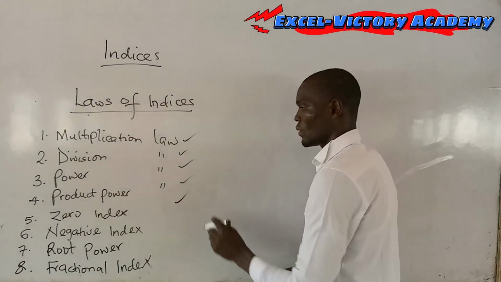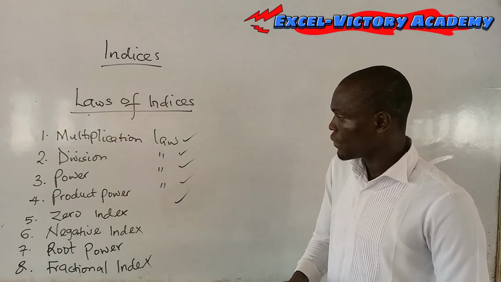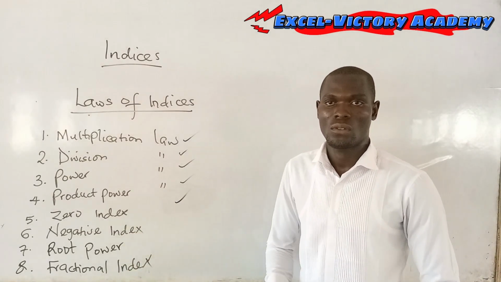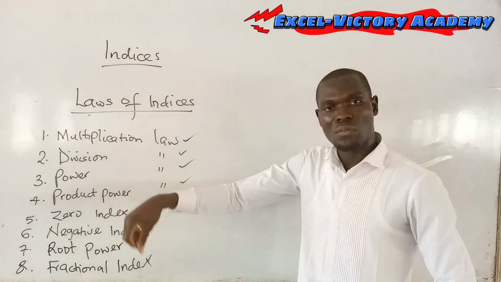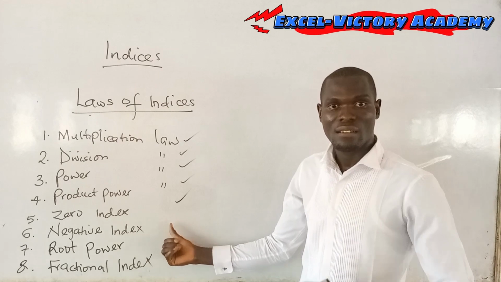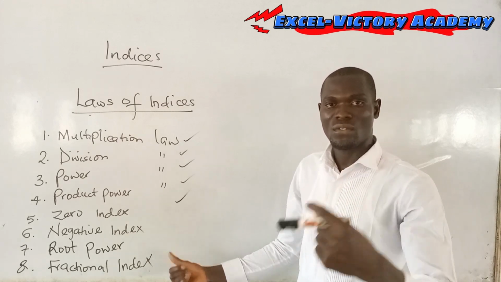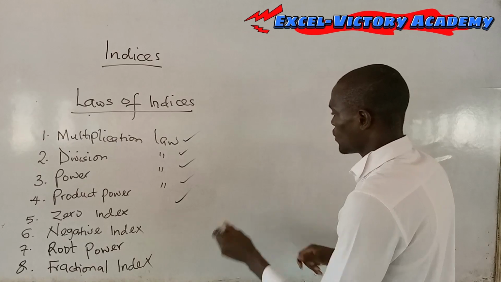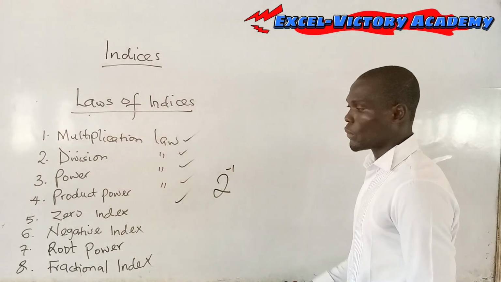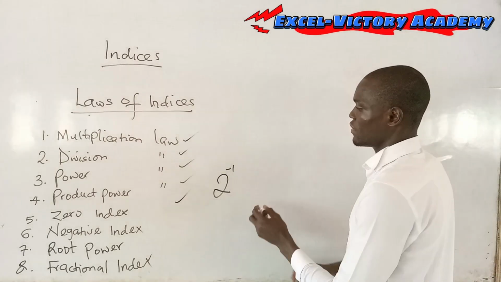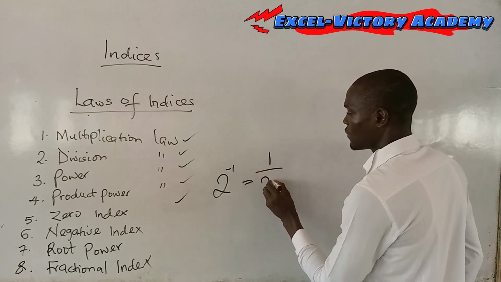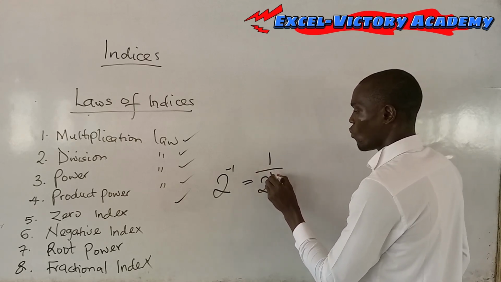Okay? Negative index. When the index of a particular number is negative, the law states that you should take the reciprocal of that number, then raise it to a positive index. That is, if you have 2, for instance, raised to the power of -1, you will have to take the reciprocal of this, meaning 1 divided by 2 raised to the power 1.